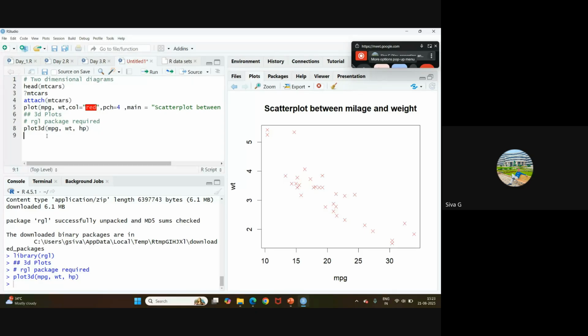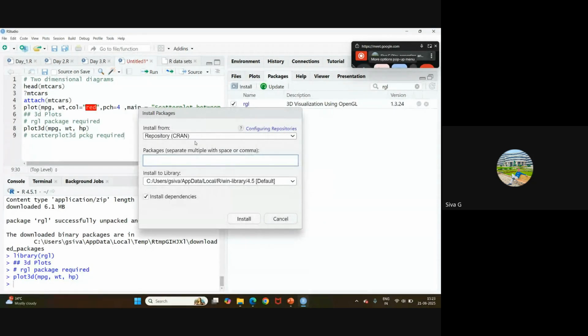Otherwise, we'll go for one more scatter plot, that is scatterplot3d. Again, we need a package. Let us say I will install scatterplot3d. This is also a package required. Packages, install scatterplot3d.